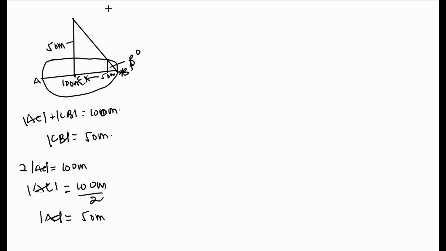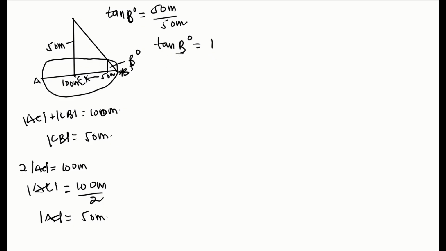So if you find tan beta, that should give you opposite over adjacent, which is 50 meters over 50 meters. That means tan beta is equal to 1. But we know that tan 45 gives us 1, right?